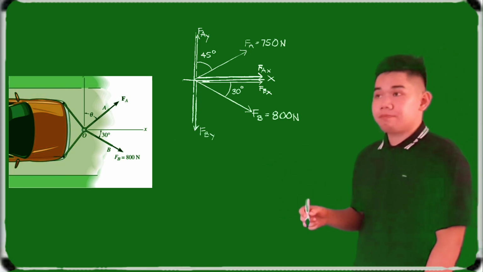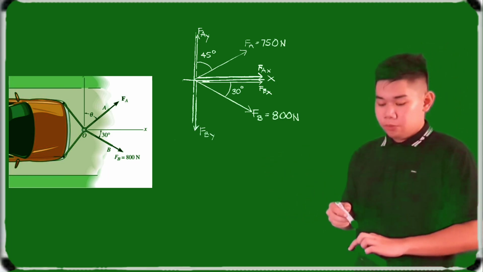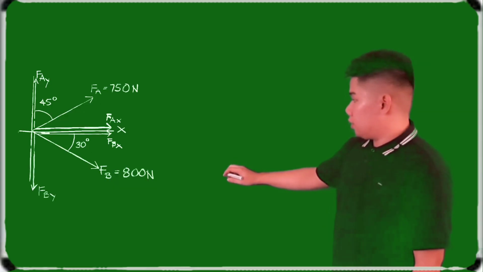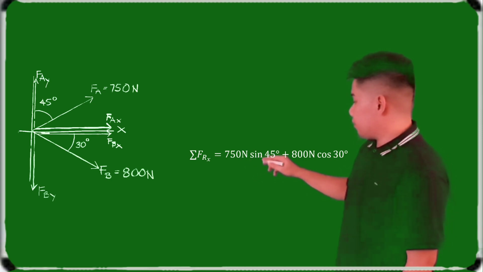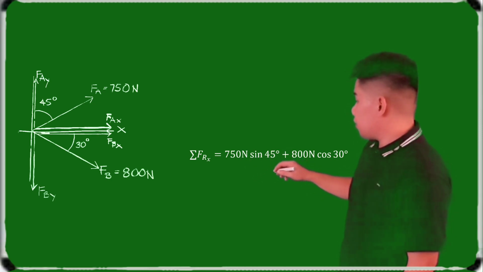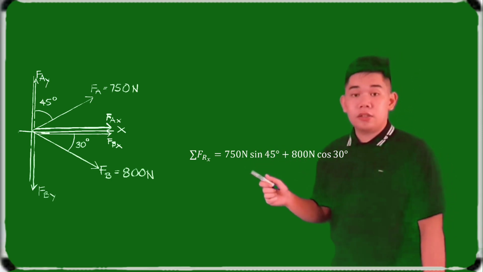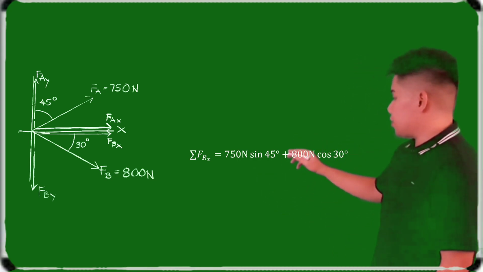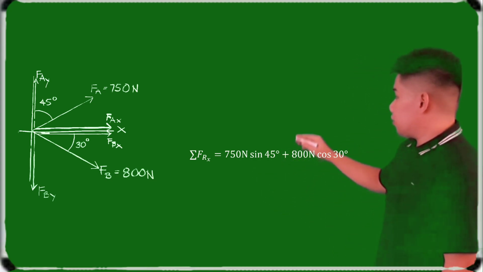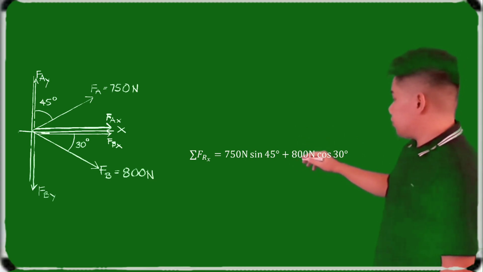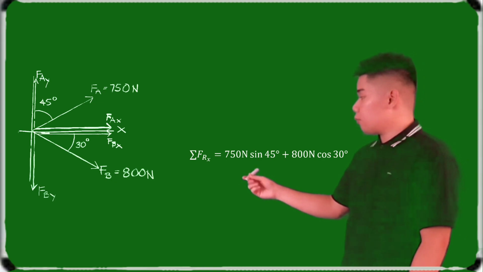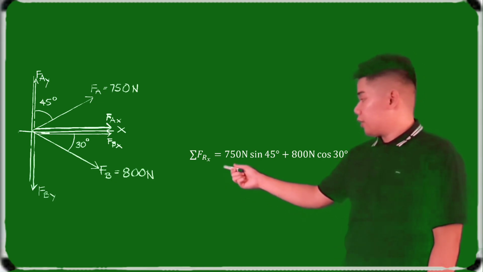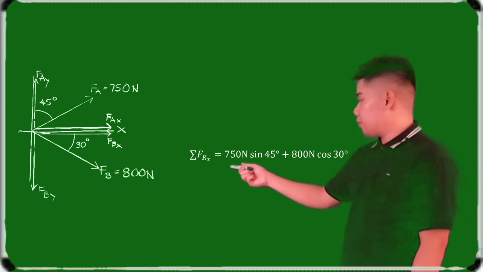In this step, we use trigonometry. It will be 750 sine 45 degrees, plus our force B, which is 800 cosine 30 degrees.